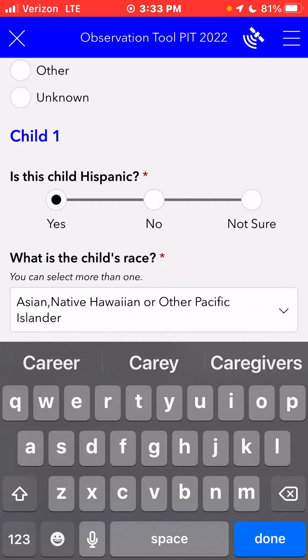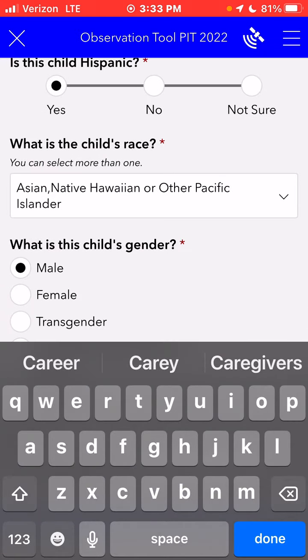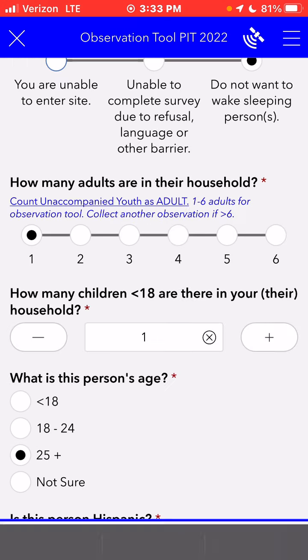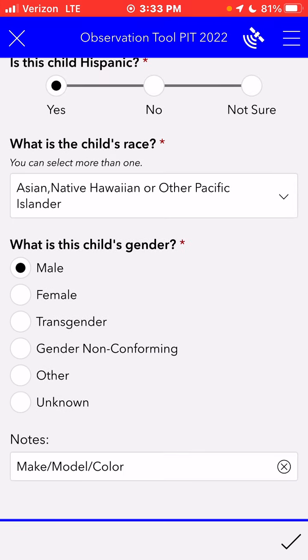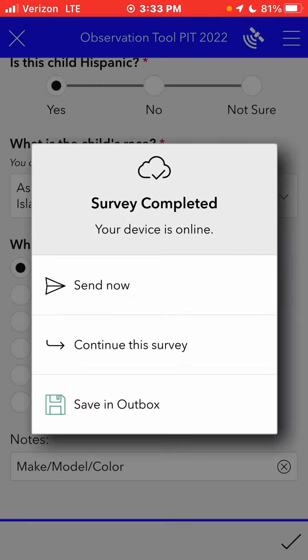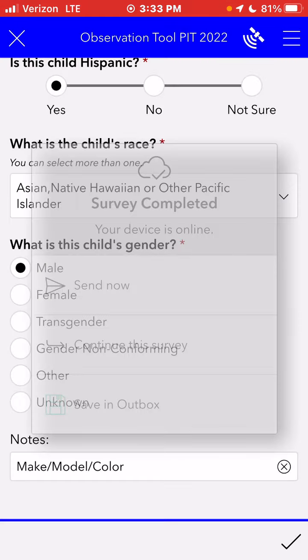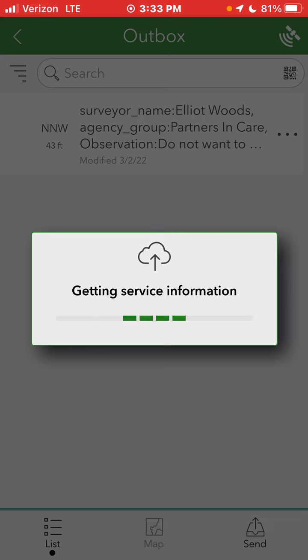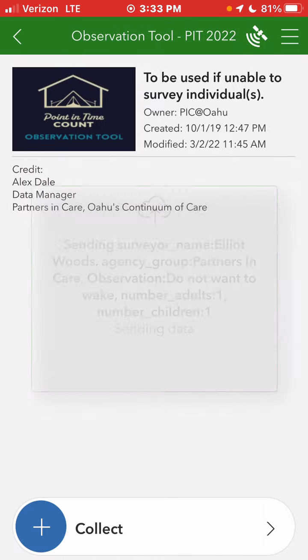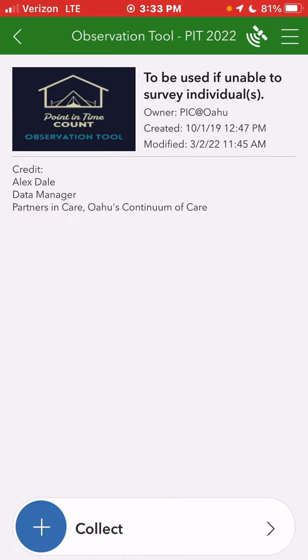Once you are finished with that, you can scroll down to the bottom and press the check on the bottom right corner, and then press Send Now. Remember, if you need to go back to this, press Continue this survey, and just never click Save in Outbox. So press Send Now, and it will upload the survey, and then you're back here at the observation tool.